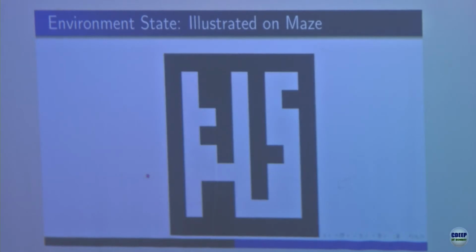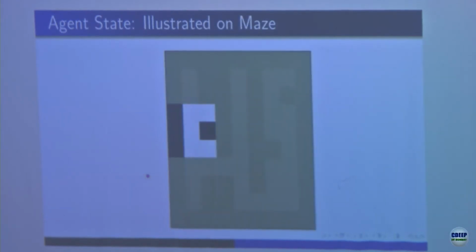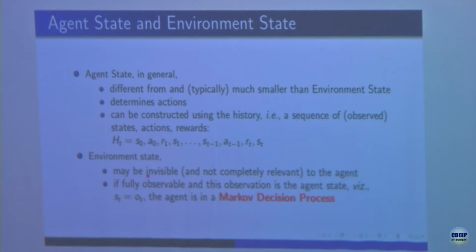And just to again illustrate, you may have your agent state. Agent state is really a small component of the entire environment state, and the agent state is what determines the actions. In the case of Markov decision processes, we assume that the environment state is fully observable and coincides with the agent state. So we don't really take extra effort to model the environment state, right?